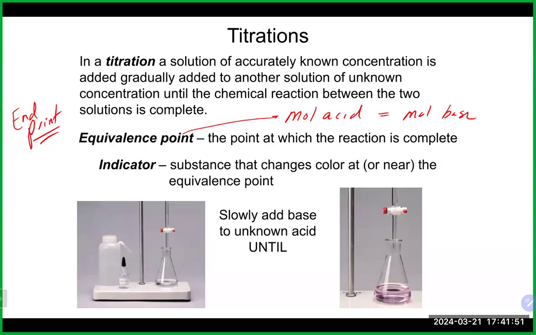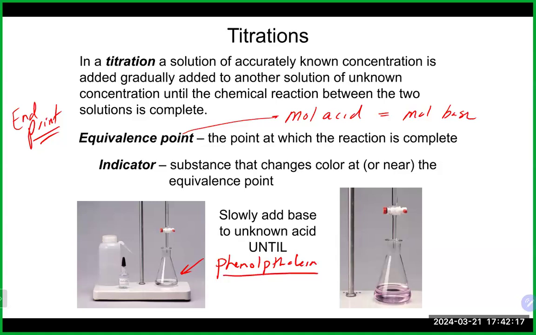We clearly all know that we usually will add an indicator to our titration. And the indicator is used to allow us to visually see where we should stop the titration to reach the equivalence point. So as you can see here, this has probably got our favorite one, phenolphthalein.